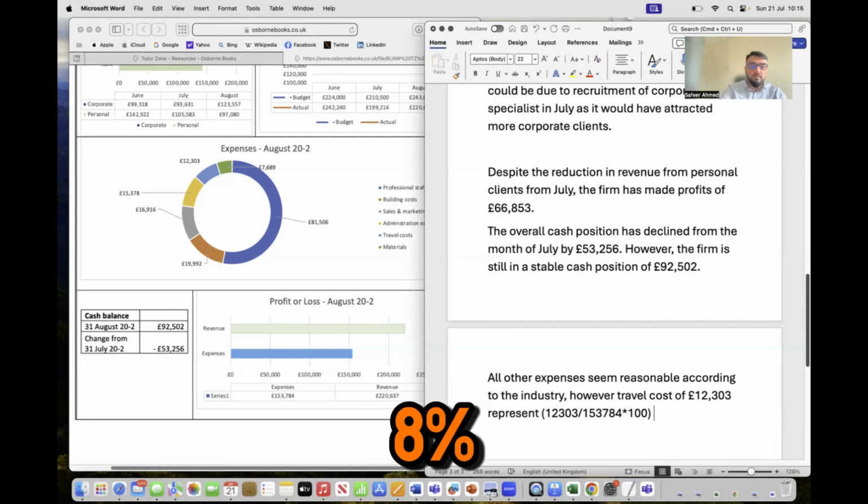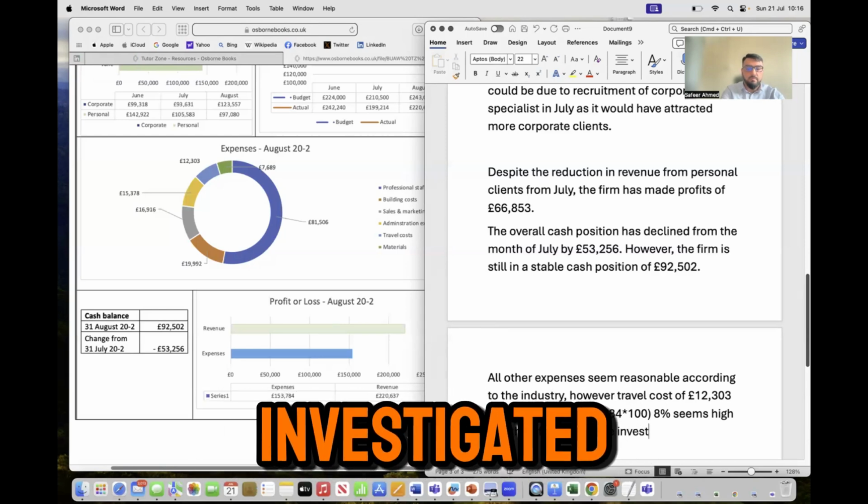Which is 8%. Seems high, and therefore should be investigated.